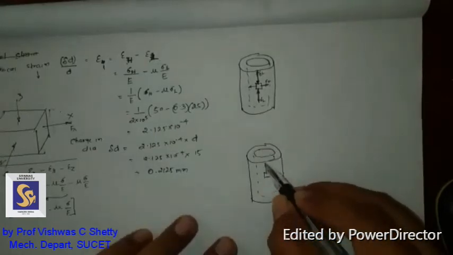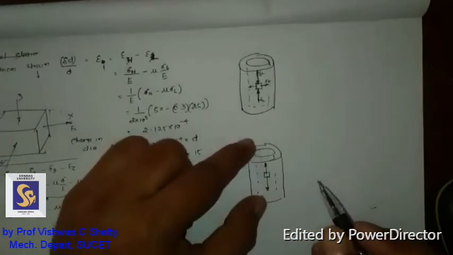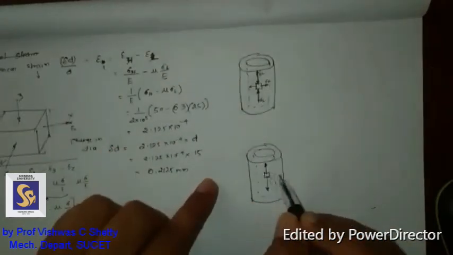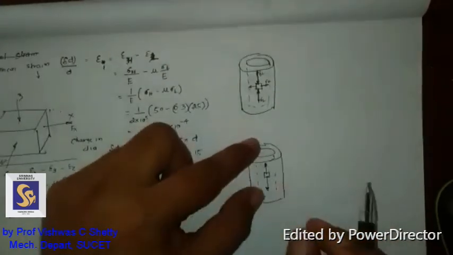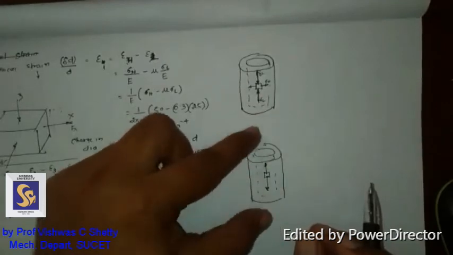Assuming that this is greater, we are interested in finding out the strain here. Assuming that stress in this direction is greater compared to this, it is stretching or elongating in the longitudinal direction.